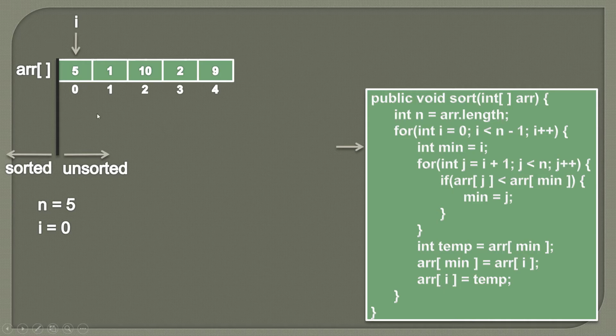In selection sort, our first task is to find the minimum element among the unsorted part. So we first assume that whatever value i is holding, we treat it as the minimum value. We create an integer variable min and store the value of i. So min will also become 0, which signifies that we are assuming that value 5 is the minimum element among all these elements.